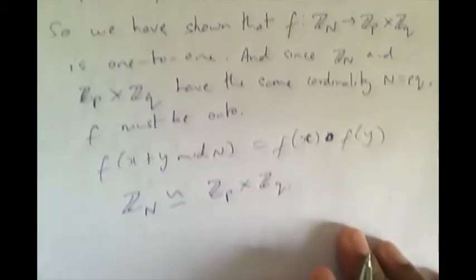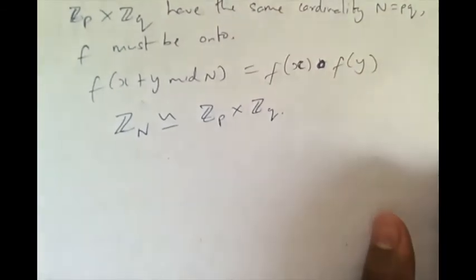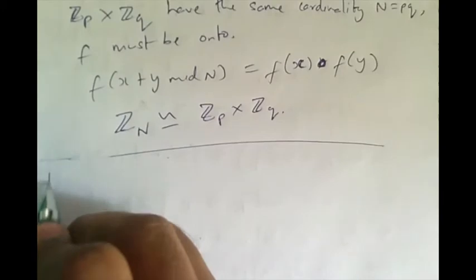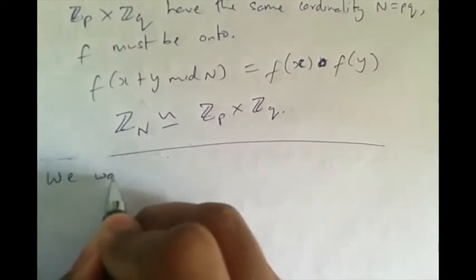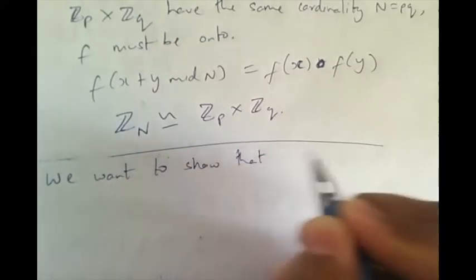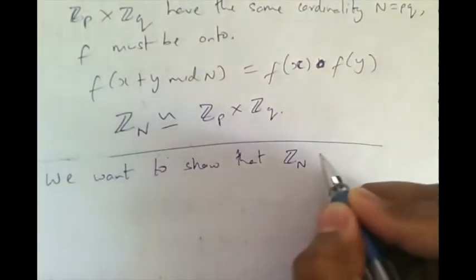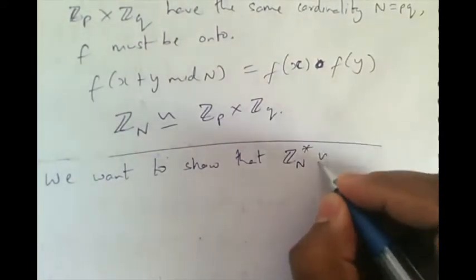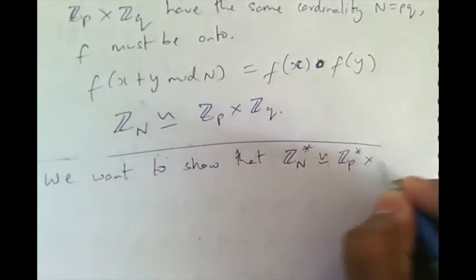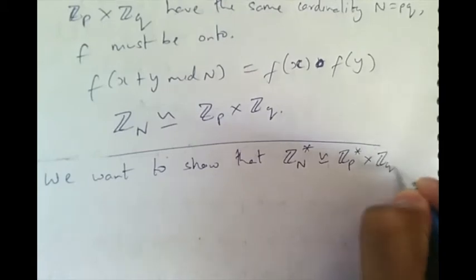Now we want to show the second part of the Chinese remainder theorem. So we want to show that Zn star is isomorphic to Zp star cross Zq star.